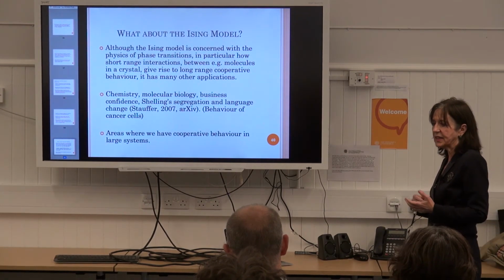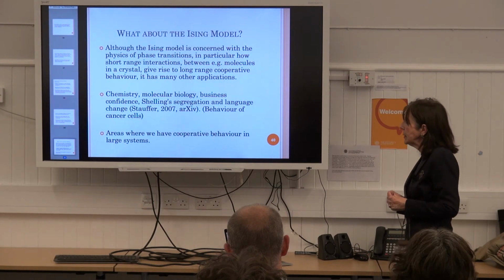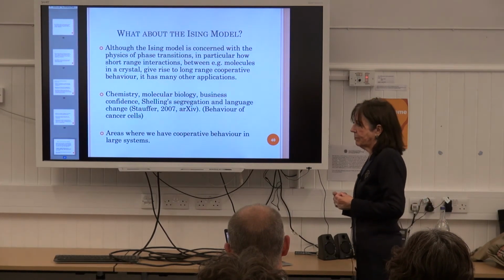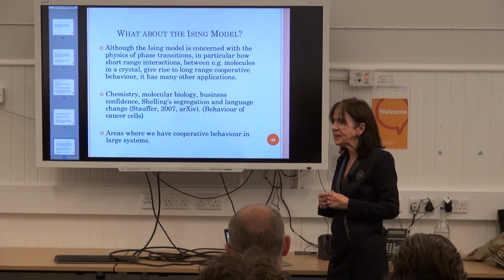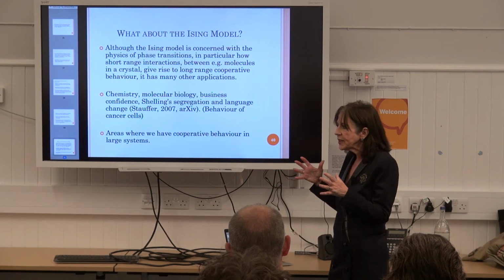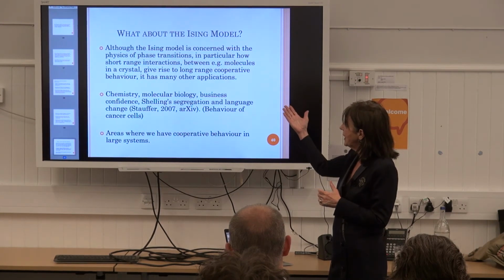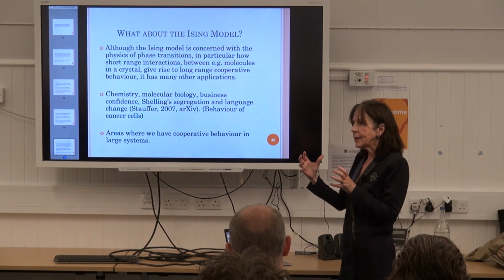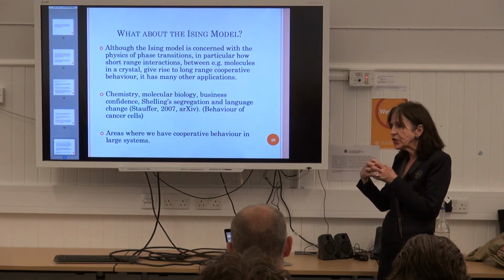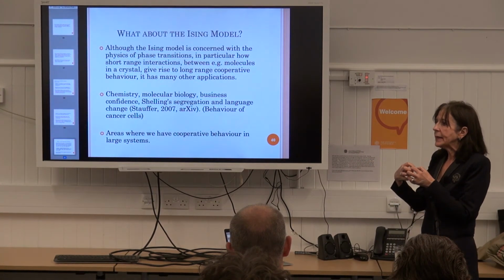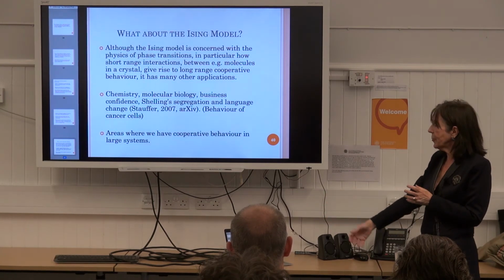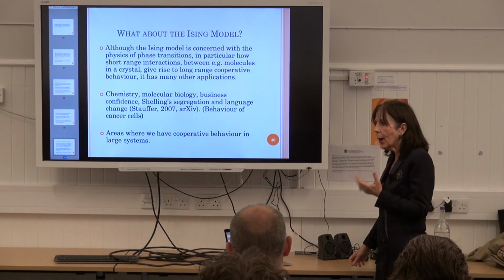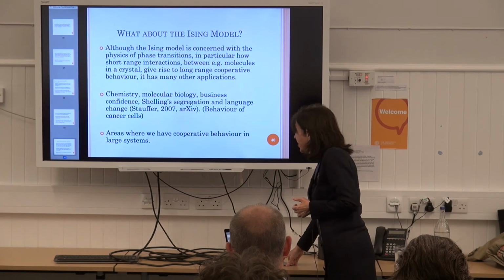It's used as a basis for Schelling's segregation model. It's used as a model for trying to figure out aspects of business confidence, all sorts of things, because it has this basic fundamental structure in that it models interactions in a way that allows us to look at long-range cooperative behavior, where we have large systems.